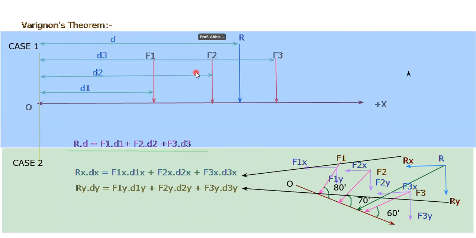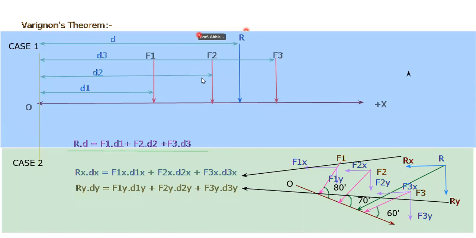Why is Varignon's theorem used? It is used to calculate the unknown values that you don't know. Now in a numerical, they will ask you to find the value of d, or d1, d2, d3. If all other values are given, they will ask you to find the one unknown value. So you can use this expression, R into d, f1 into d1, f2 into d2, f3 into d3.